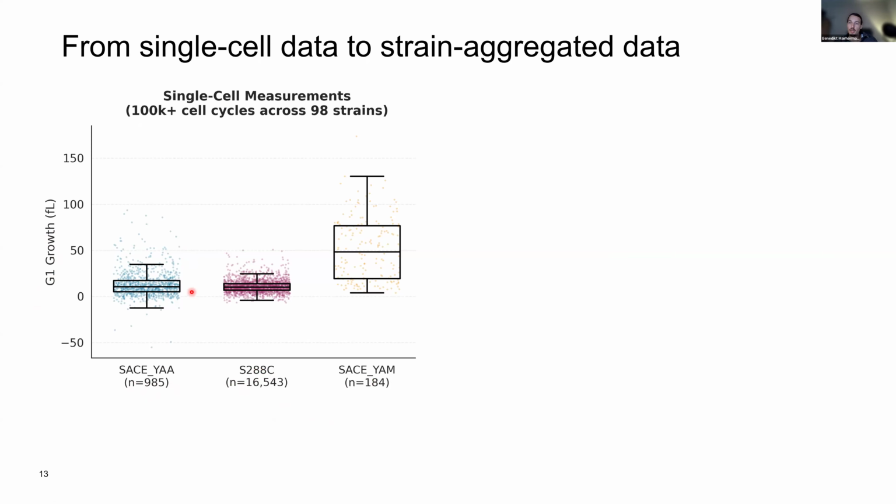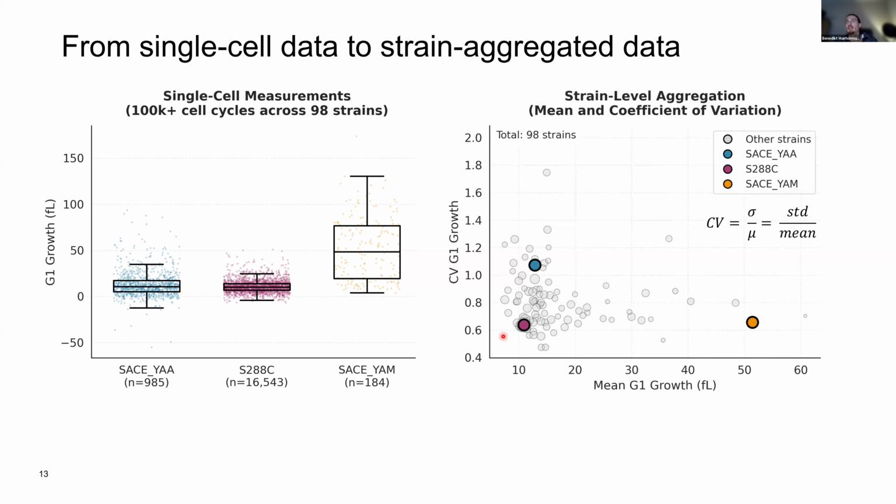So for each strain, we can extract 2 quantities from the distribution of the single cell cycles to get a strain level representation. So here on the right side now, every data point is 1 strain. And the phenotypes we're now looking at is the mean of the G1 growth of the strain and the coefficient of variation of the strain of this one feature.